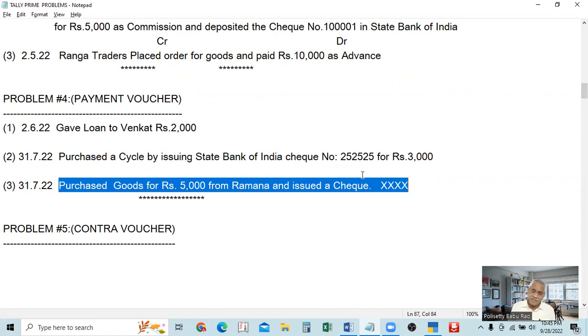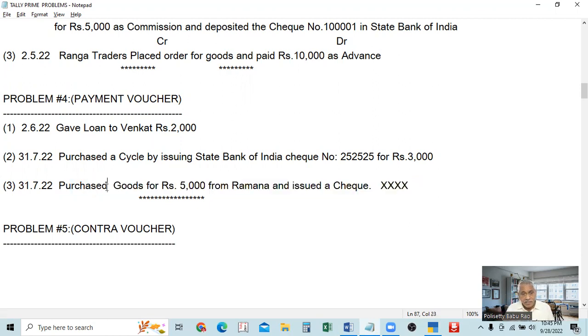Can we enter it in the payment voucher? No, because if you purchase an asset, we can enter it. But when you purchase goods and make payment, or sell goods and receive payment, that is not entered in the payment voucher or receipt voucher, because there is a separate voucher for purchase of goods. There is a separate purchase voucher for goods.